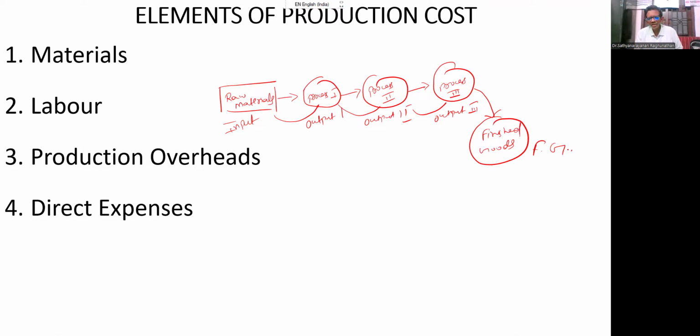This is the concept of process costing. In each stage you will be incurring certain cost, so you have to find how much cost per unit you have incurred at each stage. For finding that, we prepare the process costing.